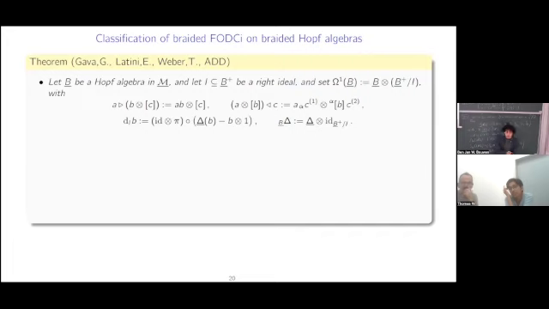So we consider a Hopf algebra in a braided monoidal category. We consider a right ideal inside the kernel of the counit. And we consider this space here. In particular, we endow this space with the following bimodule structure. Okay, so on the left, basically, we have just the left multiplication on the first factor.